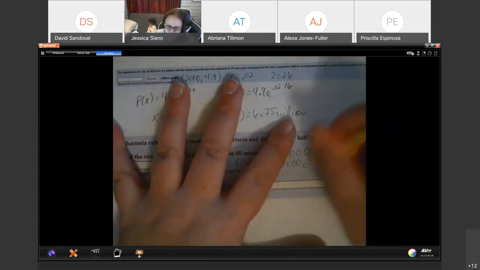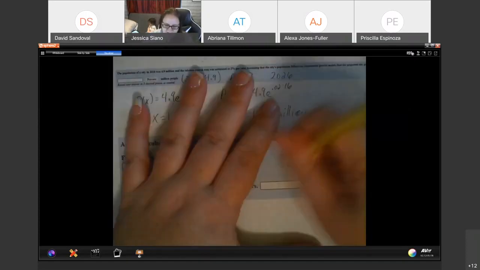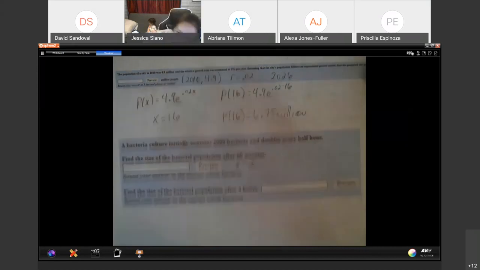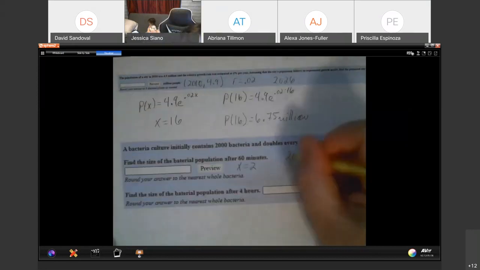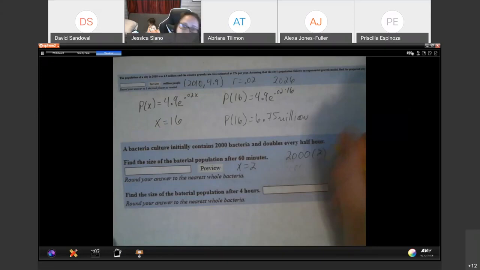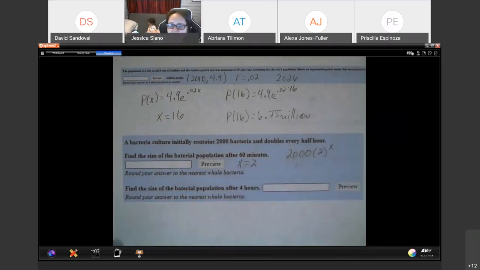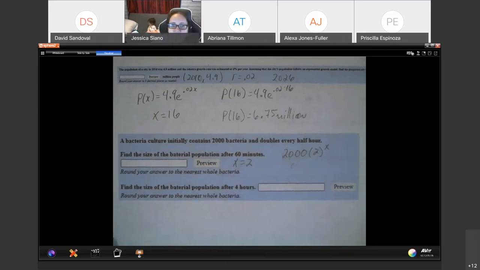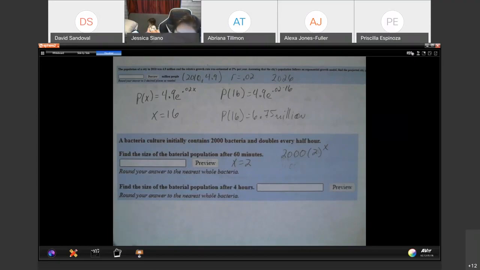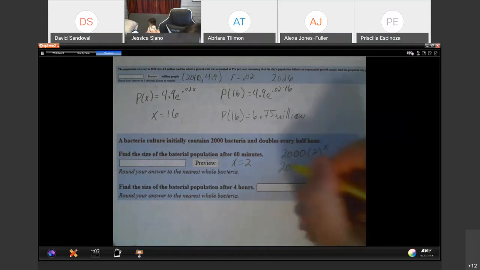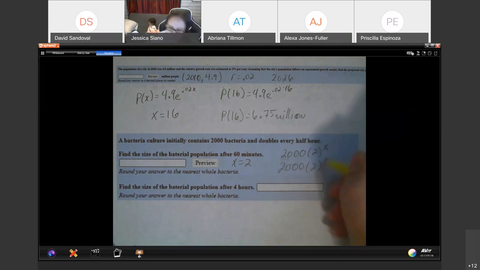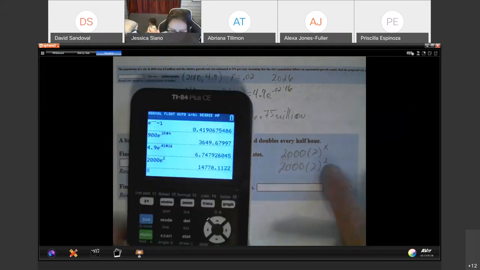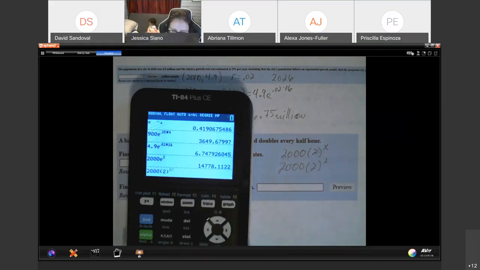Not e. When you're talking about doubling, your base is 2. 2 to the x. I had e stuck in my head. So then 2,000 times 2 to the 2 because it doubles twice. 8,000.